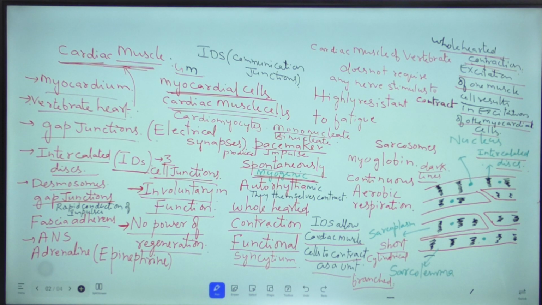When one cardiac muscle cell is excited, that stimulus reaches all the cardiac muscle cells. Hence it is called wholehearted contraction, due to which cardiac muscle cells contract as a unit. Hence it is called a functional syncytium.